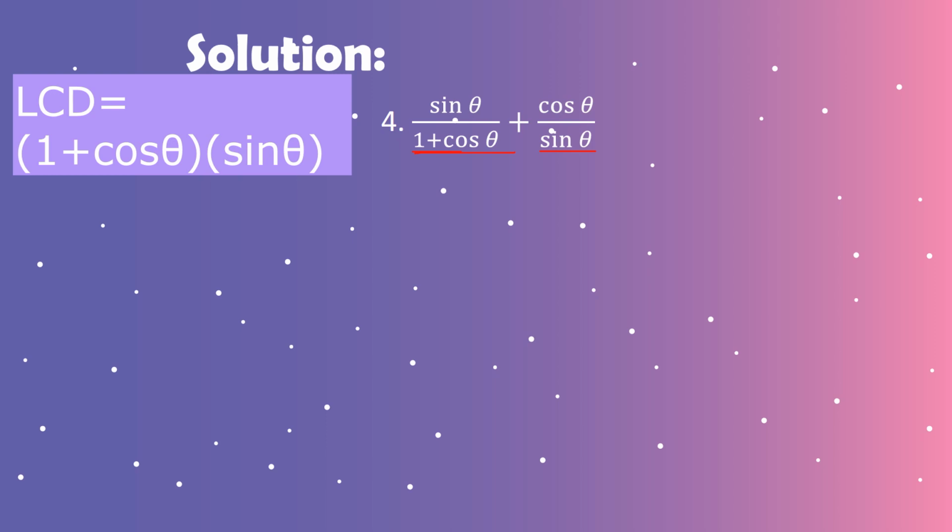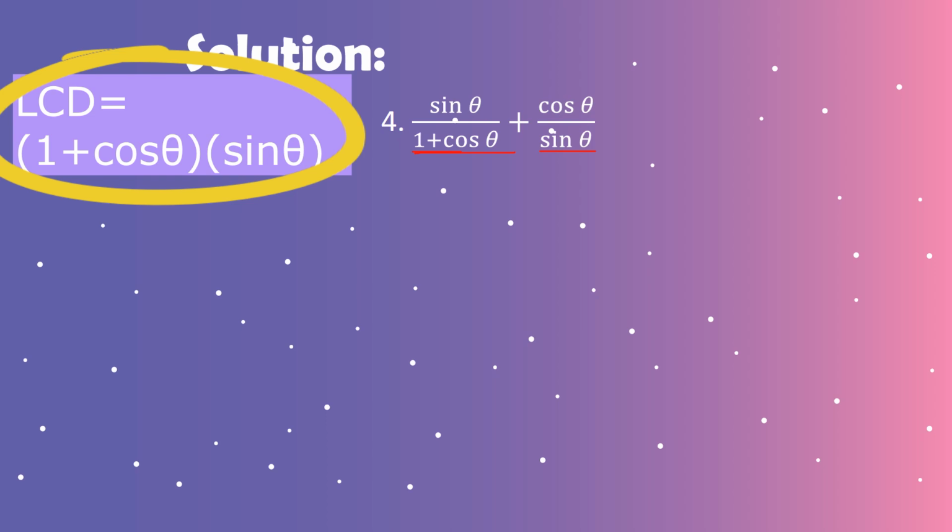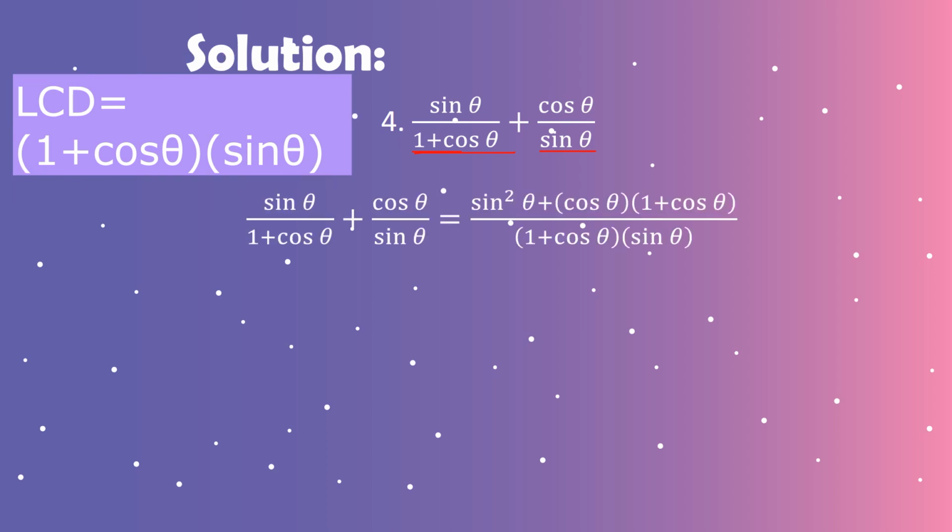Now, in this case, wag muna nating pagsamahin, no? Our LCD would just be the product of these two denominators para mas madali ang buhay. So, we have this our LCD now. This will become the denominator of our combined fraction. So, what happens? Ito na yun. So, we have 1 plus cosine theta multiplied by sine theta.